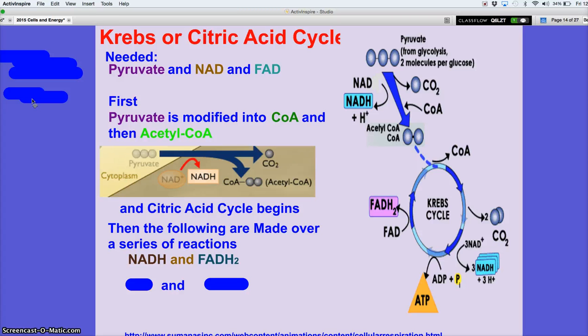Hydrogen ions have electrons. Okay. And what else is made? ATP, how many? Two. Two ATPs are made during Krebs. What else? What's my waste? Look at the diagram if you don't know. That's not a waste. ADP. No. CO2. Good job. Carbon dioxide is my waste product.